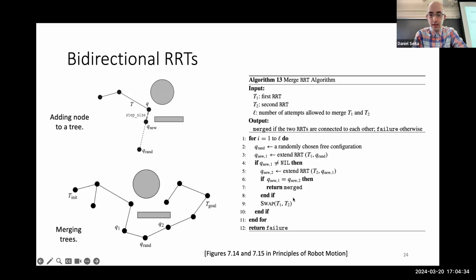And then if the points are the same, then you return that they're merged. And then the reason why they have a swap is because they're assuming that you do the first sample from tree T1. And then this is just a technicality to switch which tree you will start sampling from.